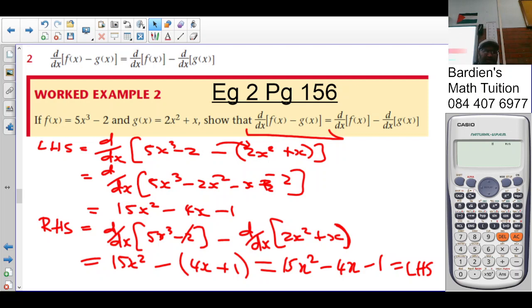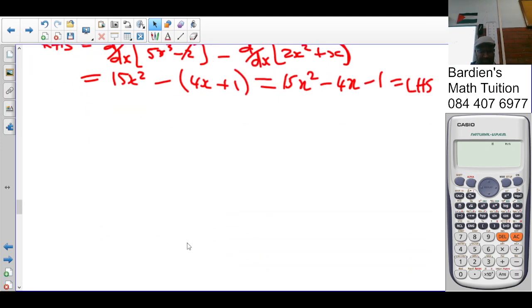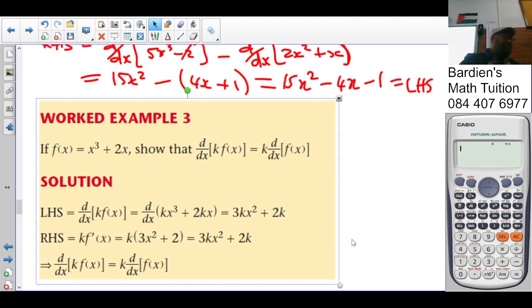Okay, let's see what is left. For homework, I would like you guys to go through example 3. In example 3, they give you the rule.